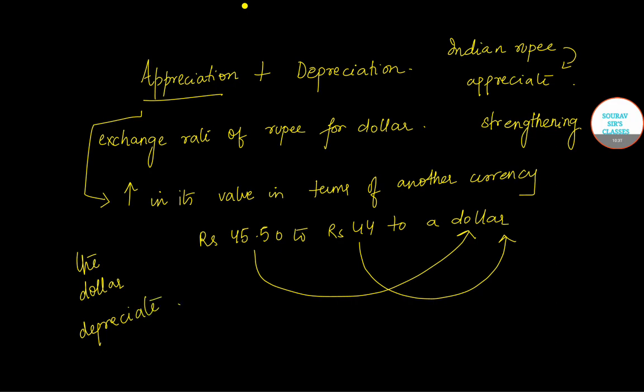So similarly you can do it the other way also. So say if the value of Indian rupee in terms of US dollar falls, say from this to 46 to a dollar, now you need to pay 50 paise more to acquire the same dollar. So now the Indian rupee, instead of appreciating, actually depreciates, and it shows not strengthening but rather weakening of Indian rupee.